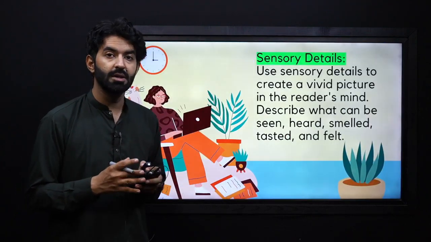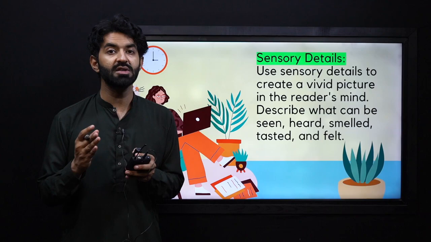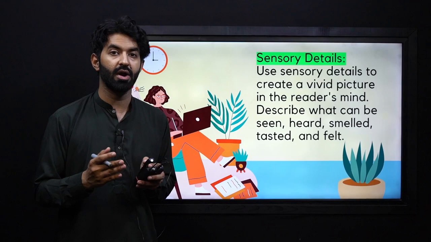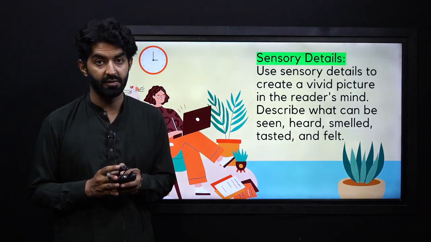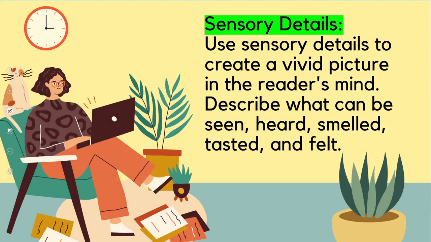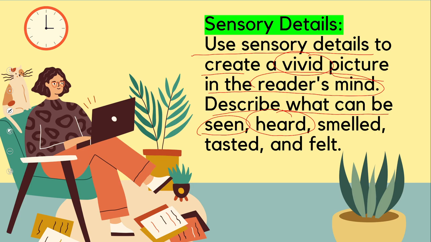Now let's see, we will be using sensory details in our writing, especially if you're writing your descriptive essays. So let's see what these details are about. We use sensory details to create a vivid picture in the reader's mind, describing what can be seen, heard, smelled, tasted, and felt.